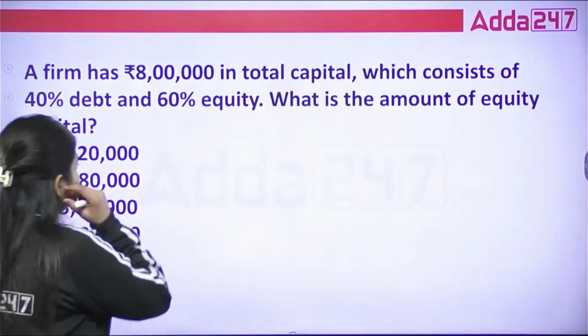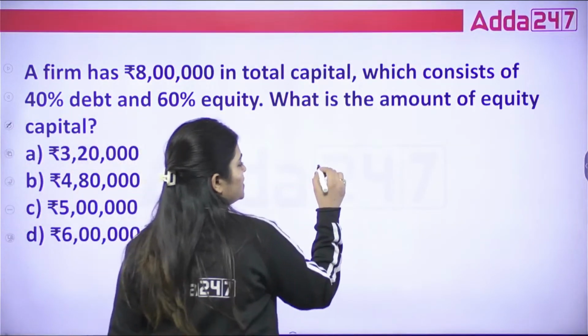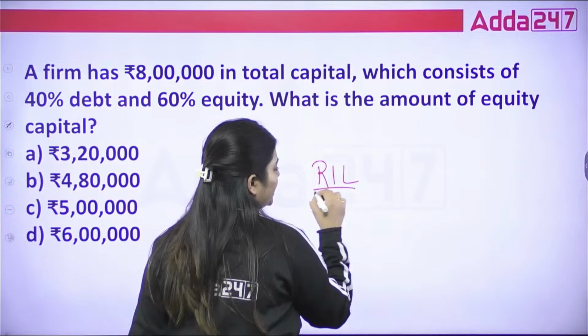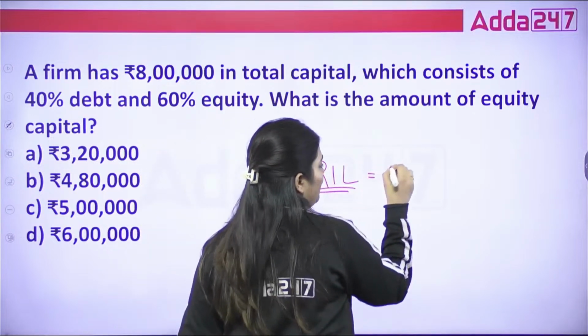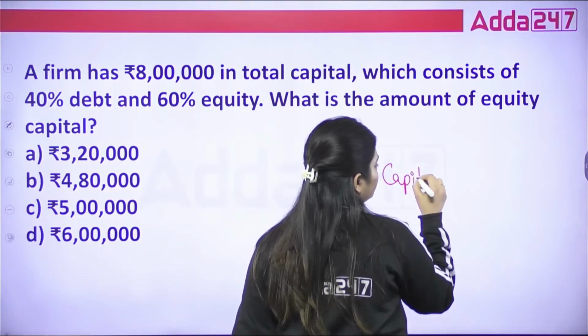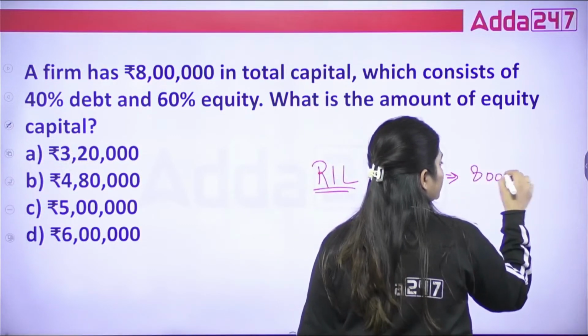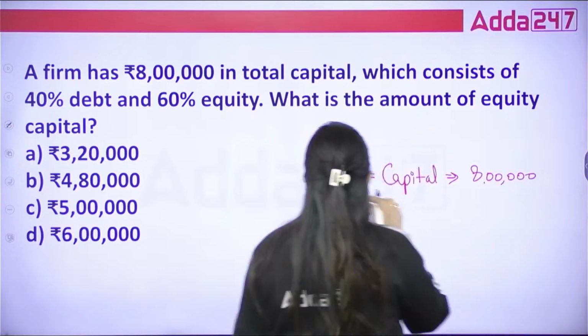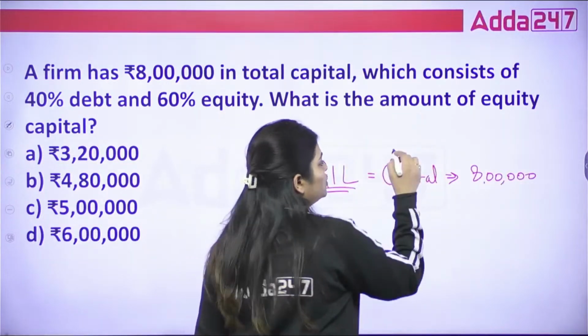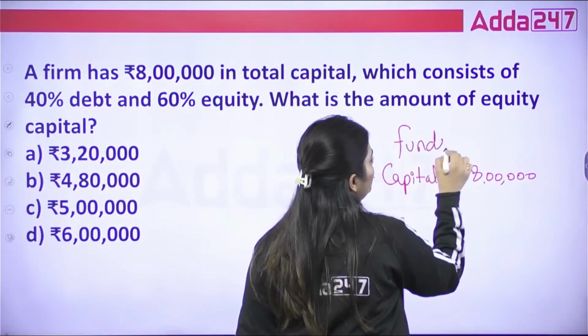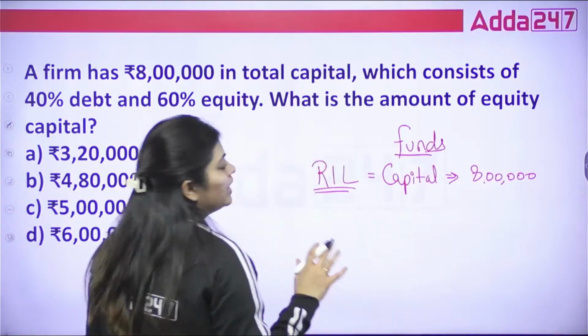Let me tell you, suppose this is Reliance Industries. They are saying the total capital, the total amount, is around 8 lakhs. The total capital that the company holds, or you can say the total funds this Reliance company holds, is 8 lakhs.